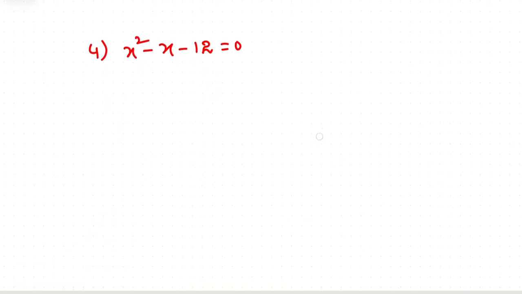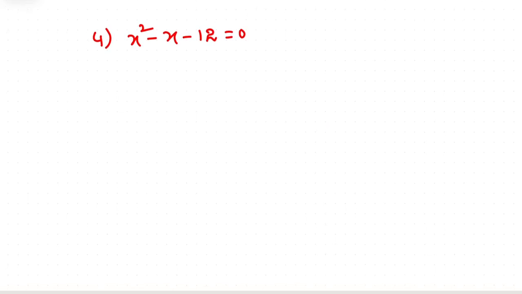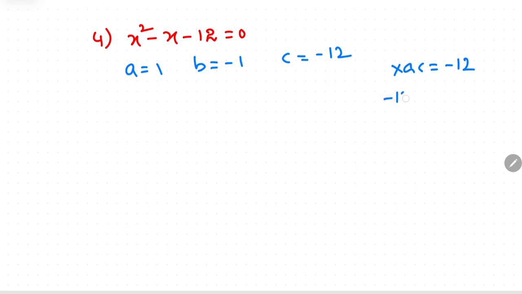Now coming to the last one. Here a value 1, b value minus 1, c value minus 12. Okay, on multiplication we are getting once again minus 12. So write the factors of 12: 1 into 12, 2 into 6, 3 into 4.